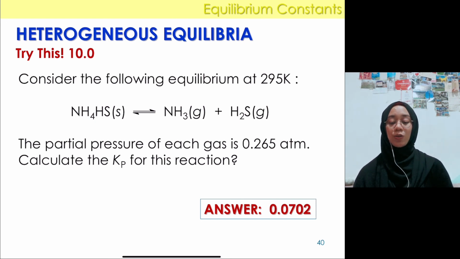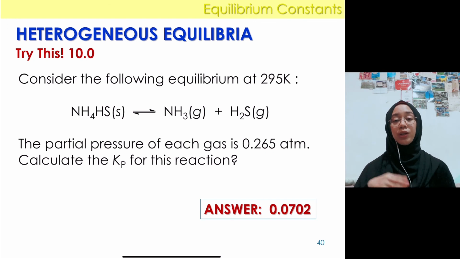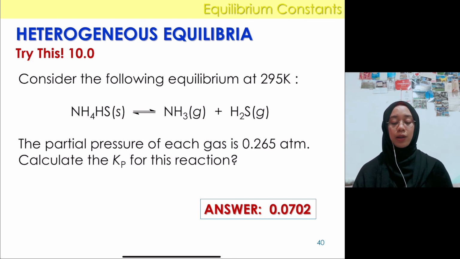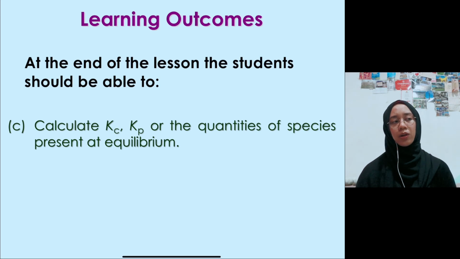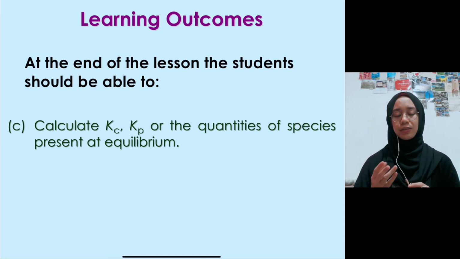Okay, so I think that's all class untuk kita punya first part of 8.2. We will continue in the next video where we will learn how to calculate the Kc and Kp or the quantities of species present at equilibrium pula. So ni agak complicated sikit, but insyaAllah you can do it.